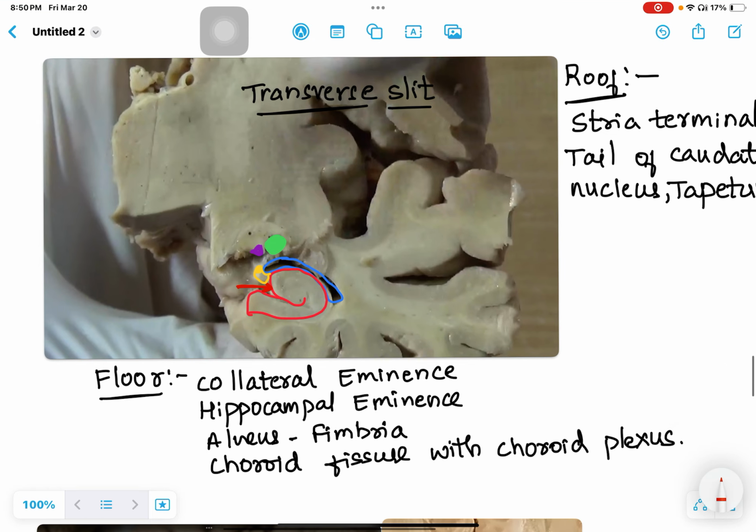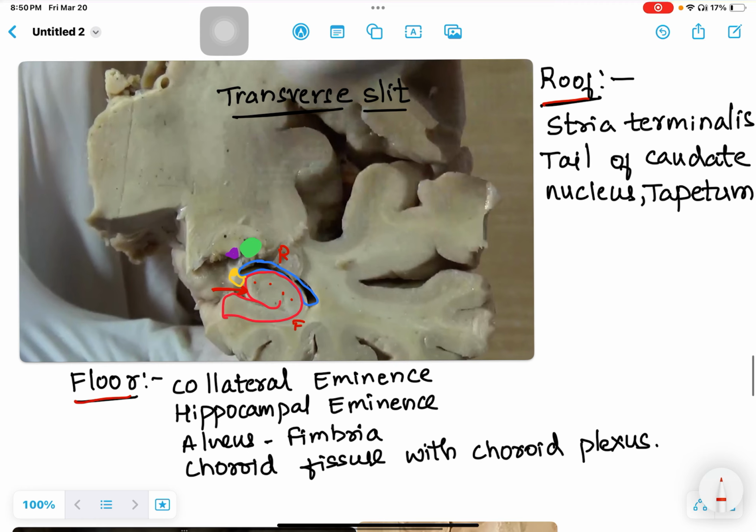First of all, this inferior horn is slit-like. It's a transverse slit, so it mainly has a roof and a floor. The roof is mainly formed by the stria terminalis, and then you have the tail of the caudate nucleus, and a part of the tapetal fibers.